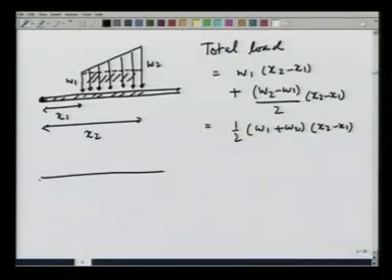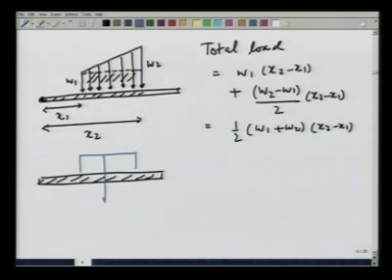To calculate where it acts, I am going to use an observation that we made last time. I know that this rectangle load acts right in the middle, at a distance of (x2 plus x1) divided by 2 from this point.